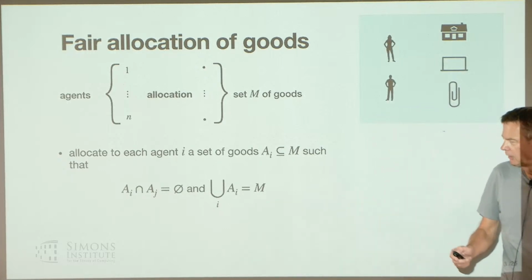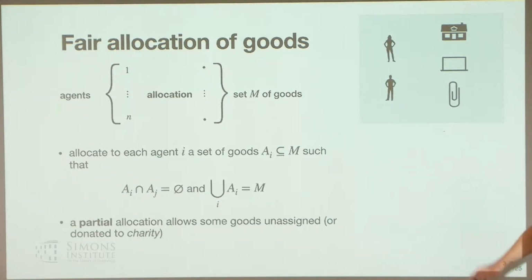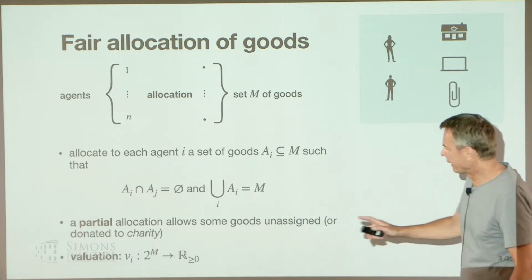We will also discuss later partial allocations where we can donate some of the goods to charity, which is actually a very easy escape route to make it fair. Exactly, that's the trivial solution.